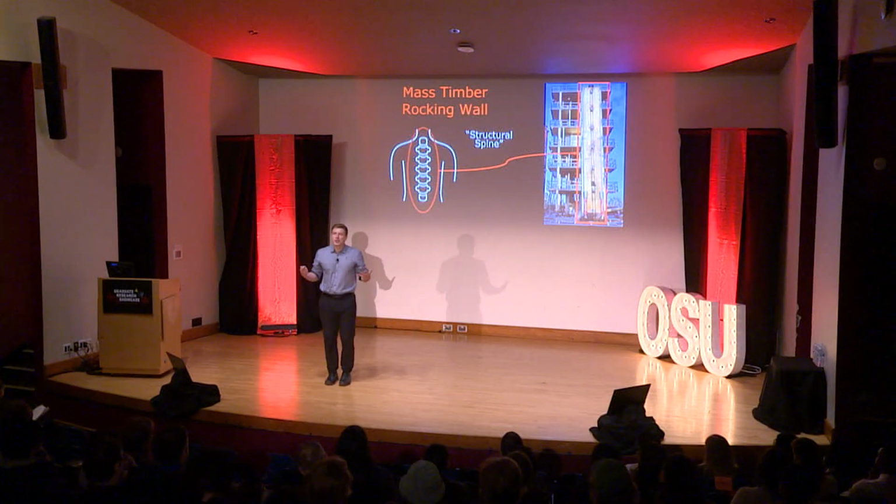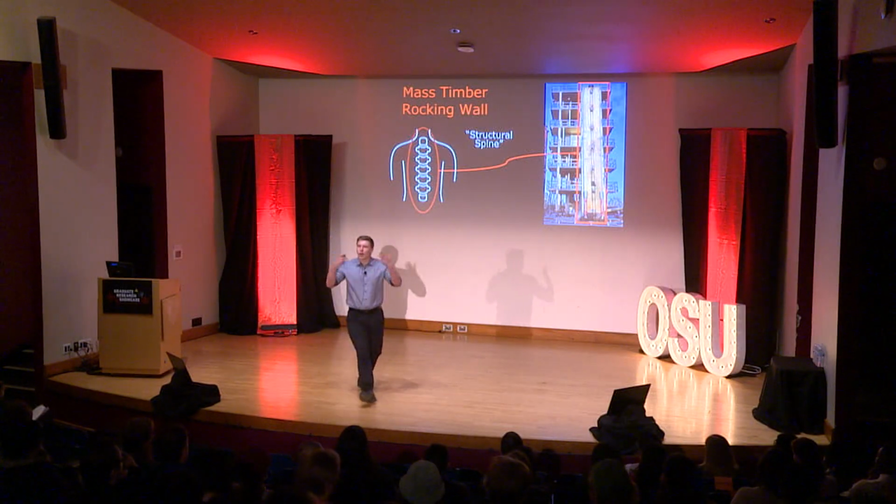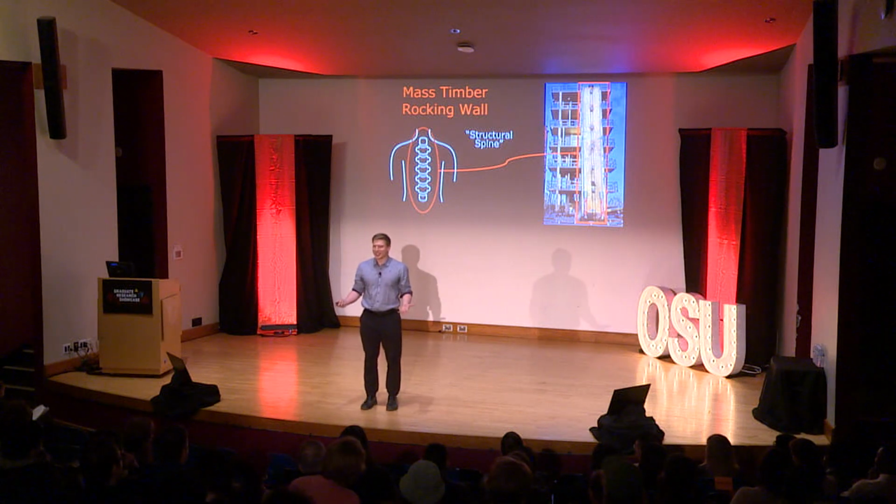When the earthquake shakes the building, the spine makes sure that all the floors are moving together, so it's one building, and also has a self-centering capability such that after the shaking, the building can come back into alignment.